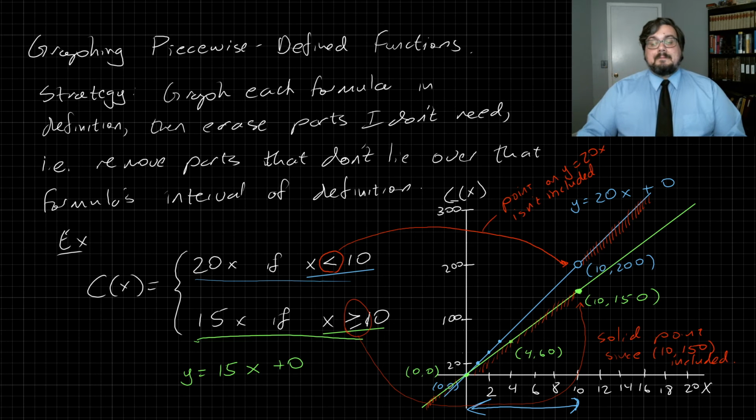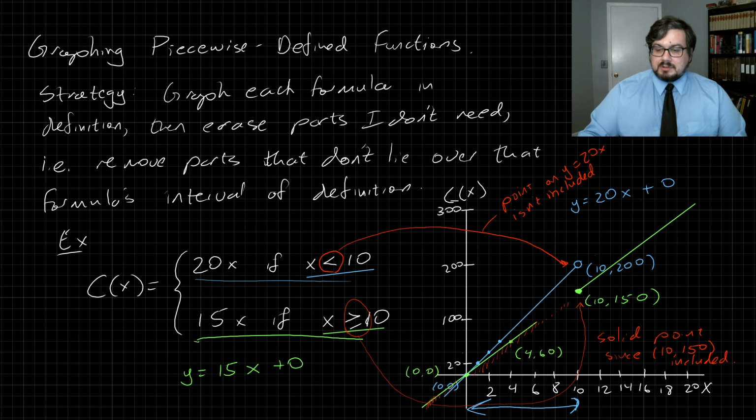So this can get pretty messy, but once you have this, you can just erase all the parts that you don't need, or perhaps go to another graph now that you know what the shape is and redraw it. We're just going to go ahead and erase here. And erase all the parts of the blue line that don't apply over to the right, and then all the parts of the green line that don't apply.